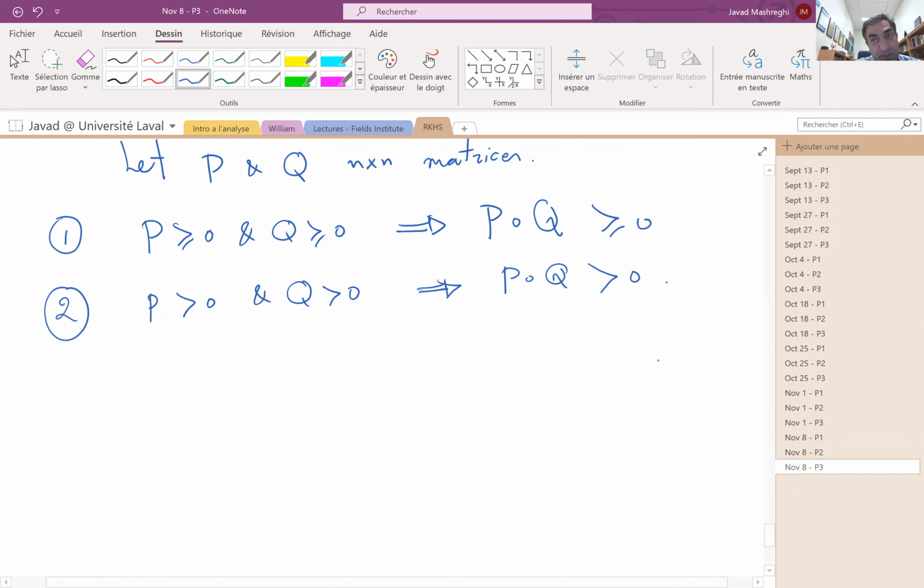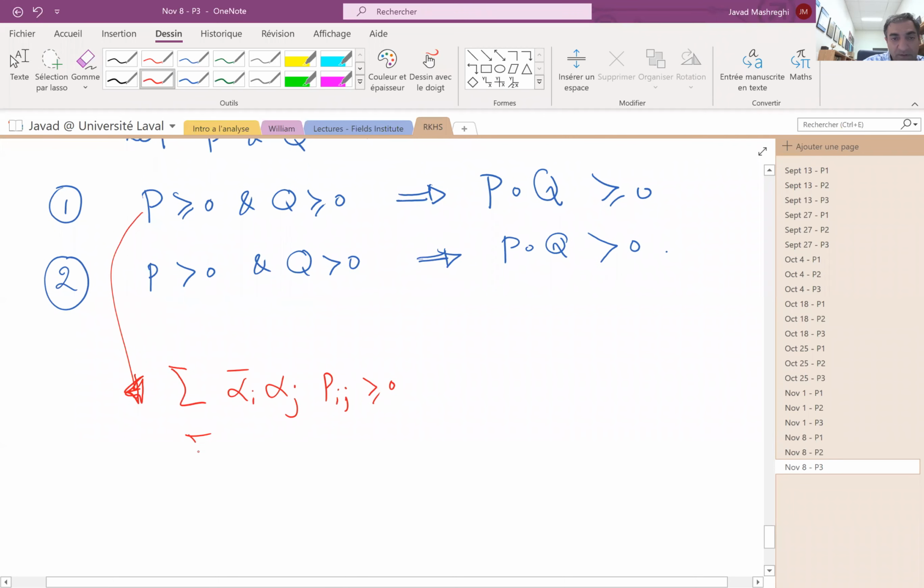Which, if you apply the original definition, is not that obvious. Recall the original definition of P being strictly positive and Q being strictly positive. This I will erase, but I repeat. This means that the sum alpha i bar alpha j P ij is bigger than 0.